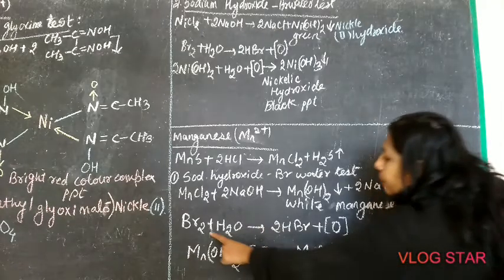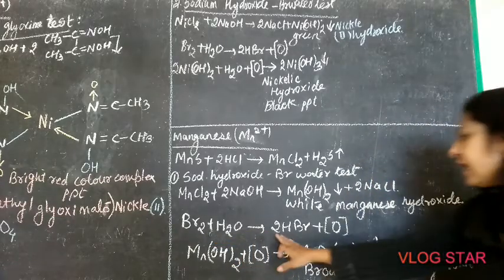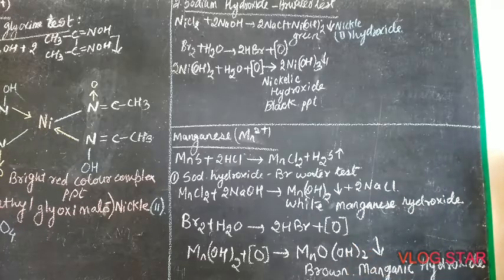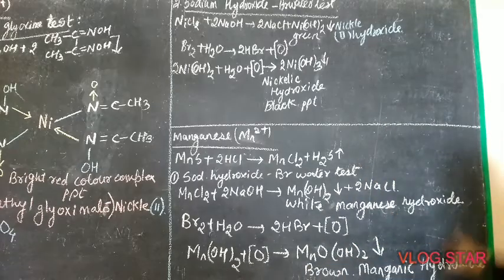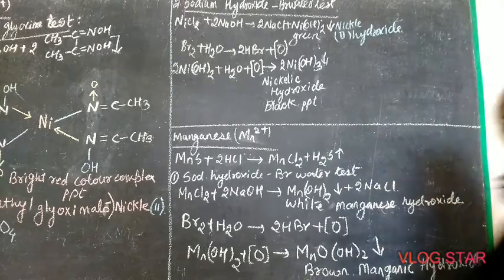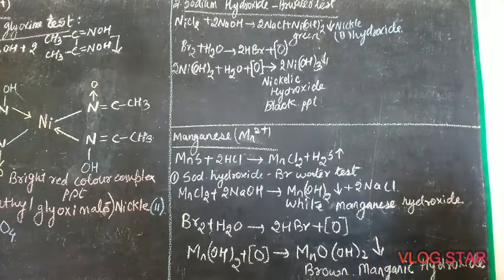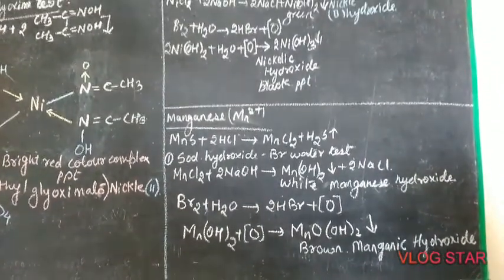Now bromine plus H2O gives 2HBr plus this oxygen, nascent one. Now Mn(OH)2, this manganese hydroxide, plus this oxygen produced here gives MnO(OH)2. It is a brown PPT of manganic hydroxide.